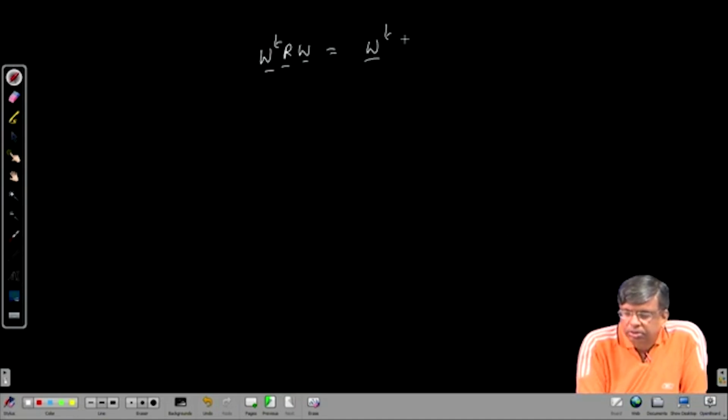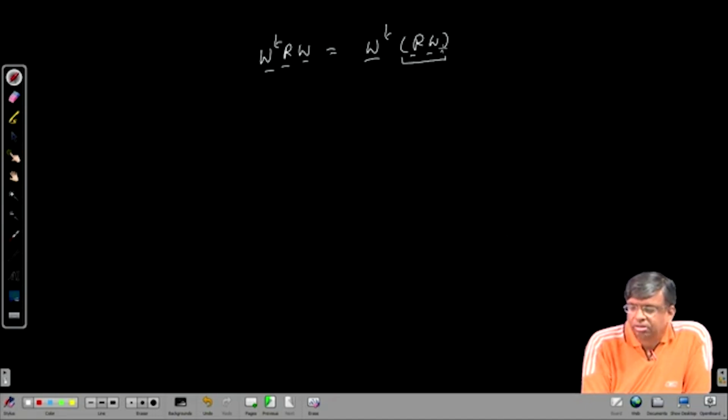This is nothing but W transpose R W, I take it together. So, it is a matrix into a column vector, so it is a column vector. Okay. You can call it V. So, this is nothing but W0 V0, W1 V1, W2 V2 and their summation. So, it is the sum of Wi Vi.